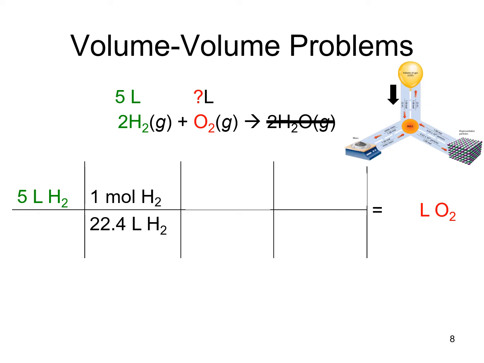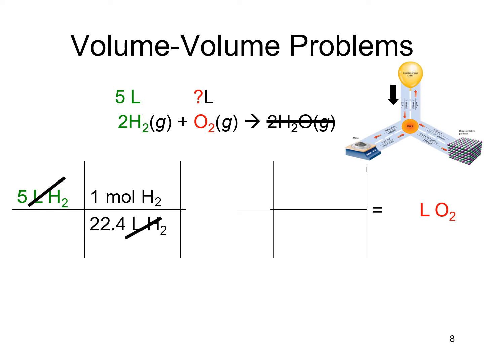We can see that the liters in the numerator and the liters in the denominator of hydrogen will eventually cancel each other out once we start multiplying, so we might as well do that now. That way we can see where we are in the problem. Right now we have moles of hydrogen. That is not what we want to find. We want to find liters of oxygen, so we need to keep going.